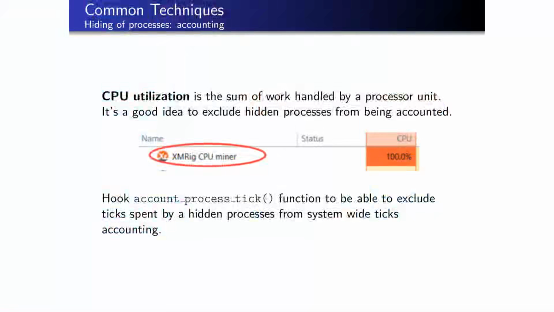If you want to hide some process, you probably want to run this utility to see whether it is working or not. About the CPU utilization: CPU utilization is a nice technique to hide miners, because there are a lot of miners here, I know.